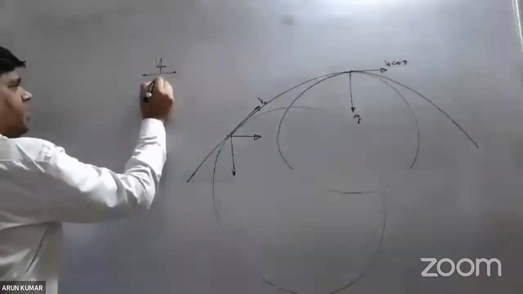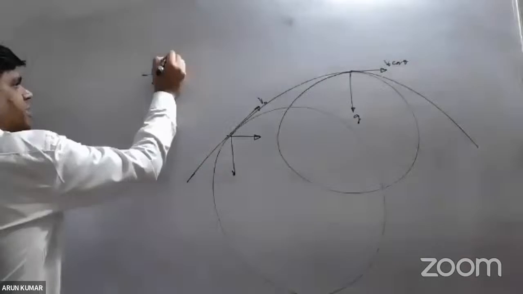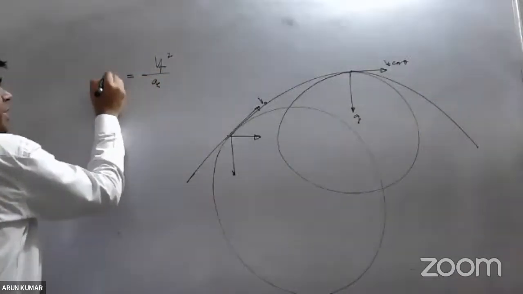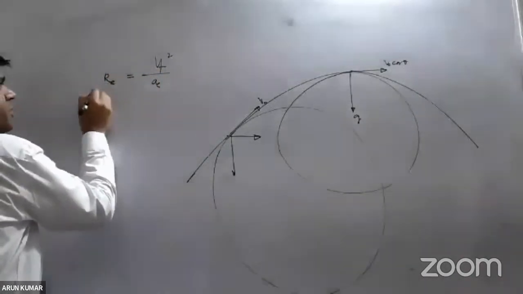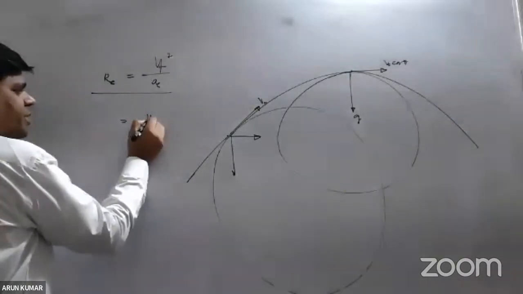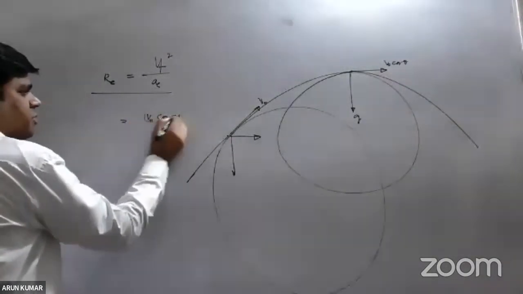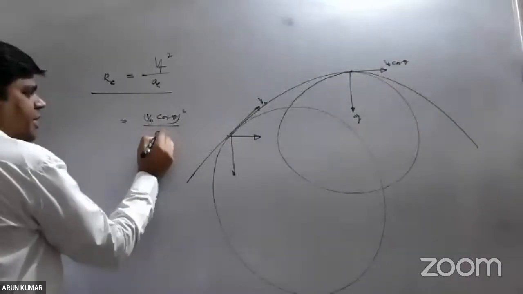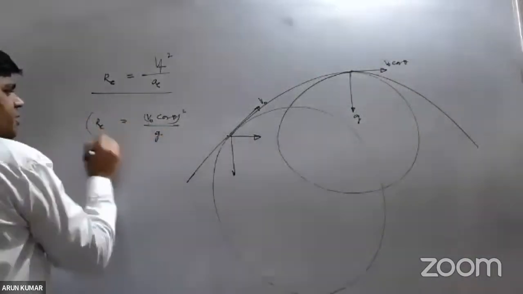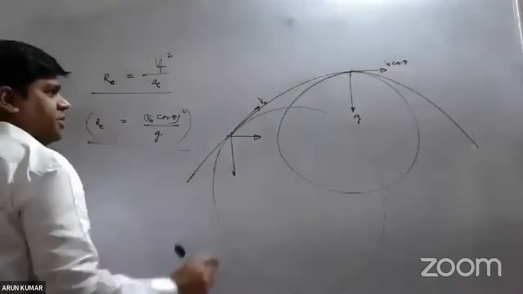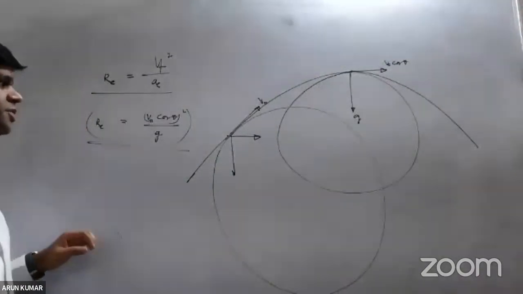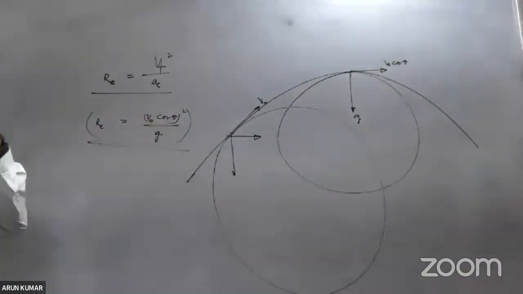V tangential square by AC is my RC. So V tangential over there is V naught cos theta whole square by AC, which is G, is my RC. So radius of curvature at the peak point, highest point, or the vertex of the parabola is V naught square cos square theta by G.